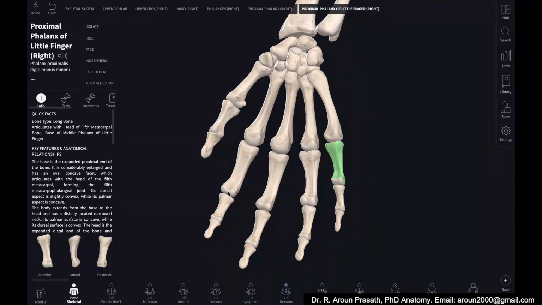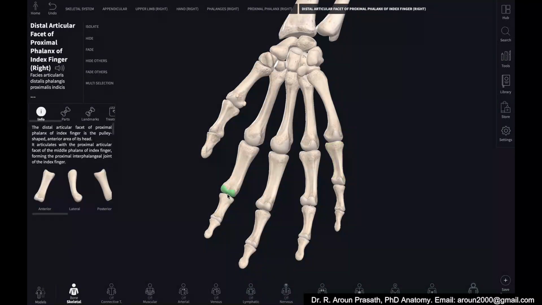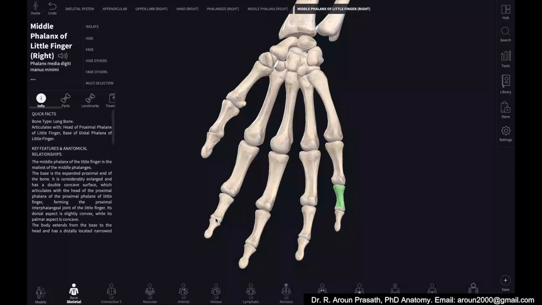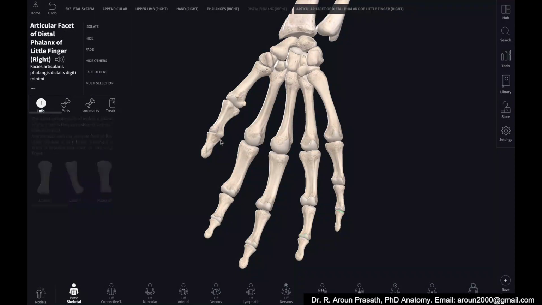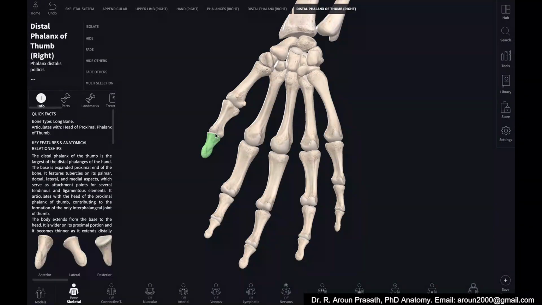So this is the proximal interphalangeal joint, and this is the distal interphalangeal joint.